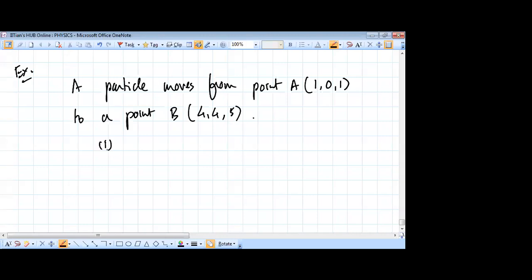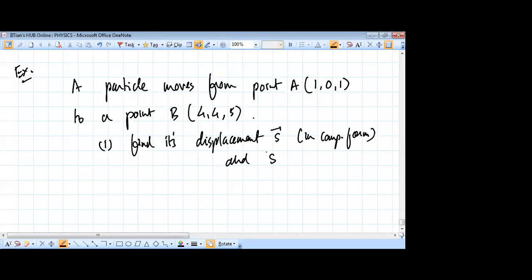But first of all, find its displacement S in component form and the magnitude of the displacement.